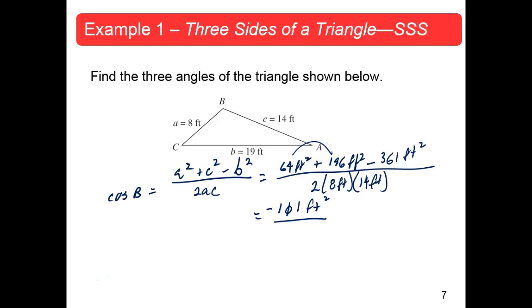That's why we did it. Okay, 8 times 14 is 112. Double that, 224, I think. And that's also square feet, which is a very good thing because the units cancel out.